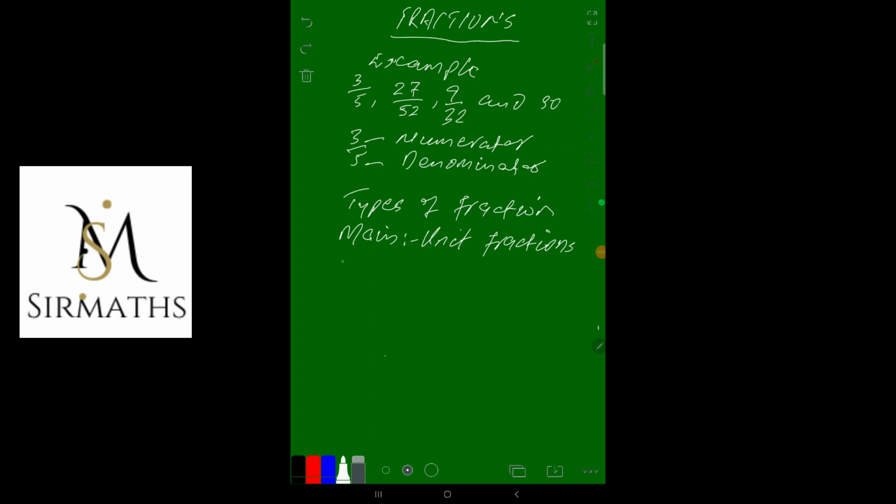We also have proper or simple fraction. We also have improper fraction. We have mixed fraction.